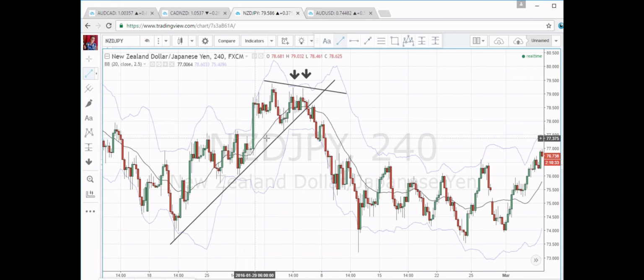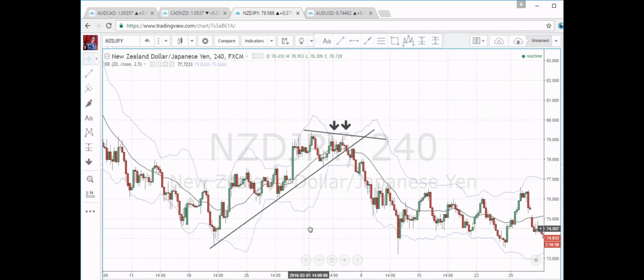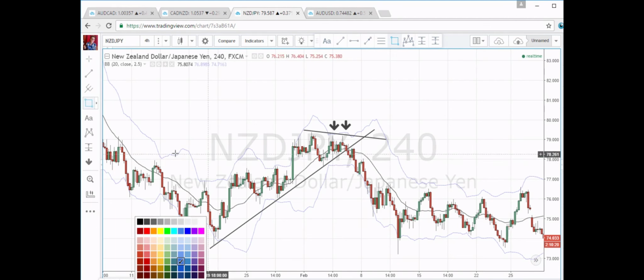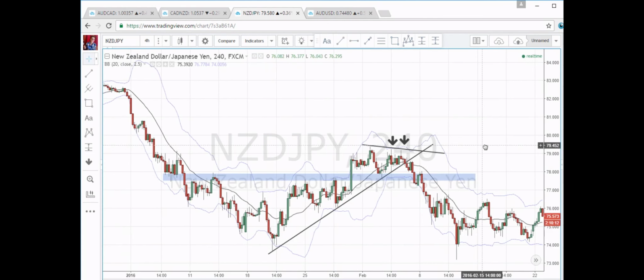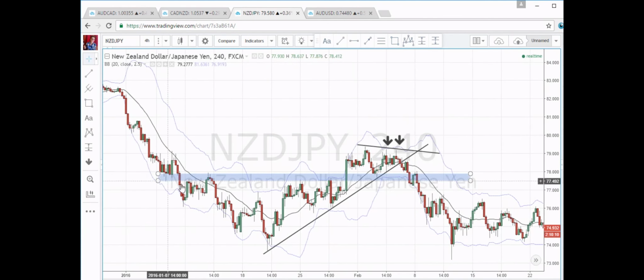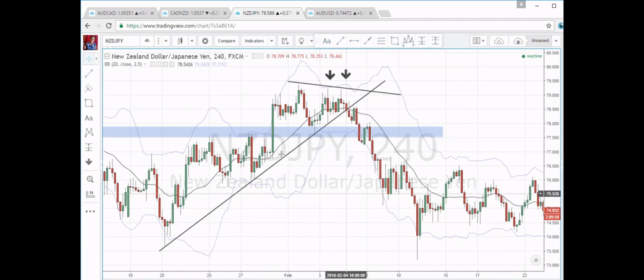At the same time we can see that when we look at the scenario here, there is probably some type of resistance area. So let's grab our rectangle tool, make it a little bit more dark, and now you can see here there seems to be a big confluence area. Let's mark it on the chart. We can see here it was a previous support, it has turned into resistance, has been resistance a few more times, it then again turned into support here once we broke above it, and now here we can see price is moving into it again.